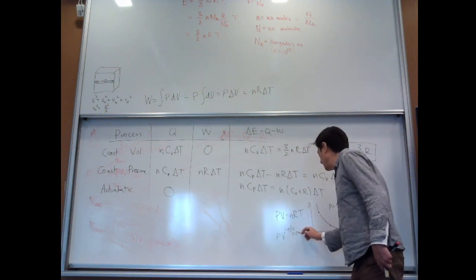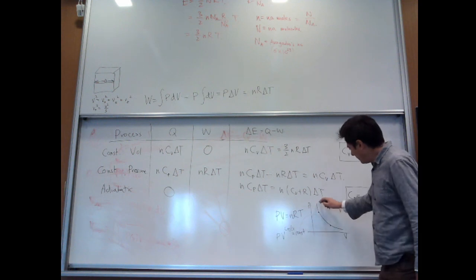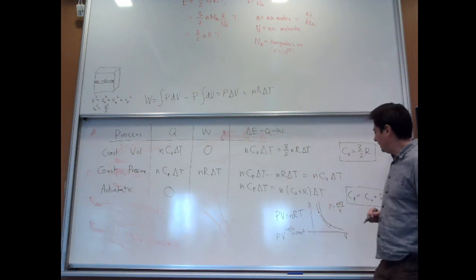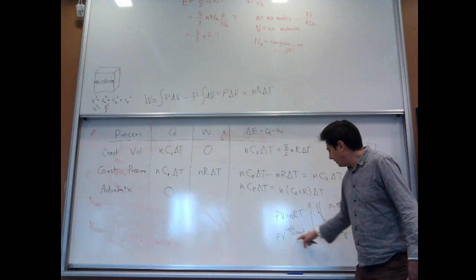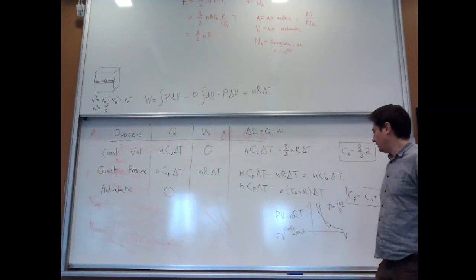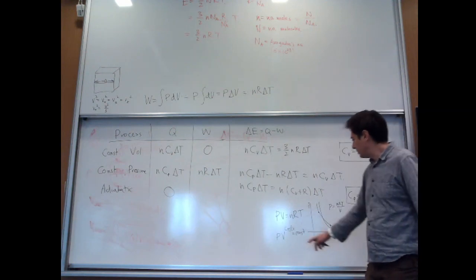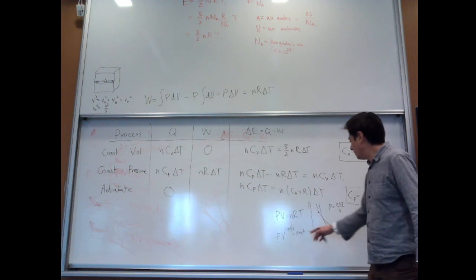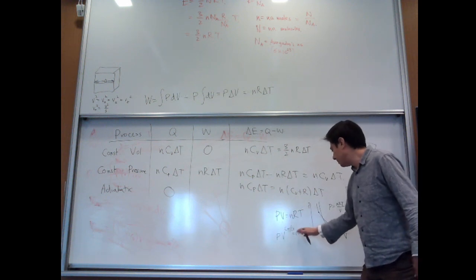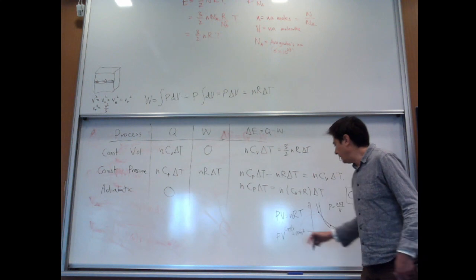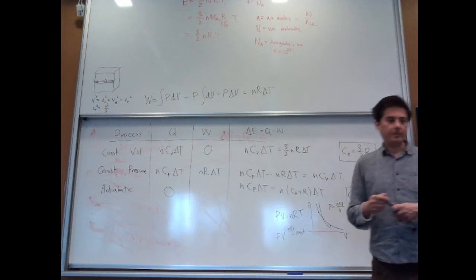So much in the same way, for an adiabatic process, PV to the gamma is equal to a constant. And so along an adiabatic process, which is a bit steeper, it basically follows this kind of condition. The equation of the line will be P is equal to the constant divided by V to the power of Cp over Cv.